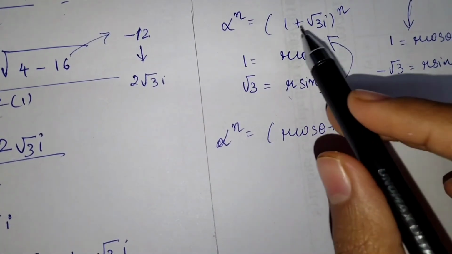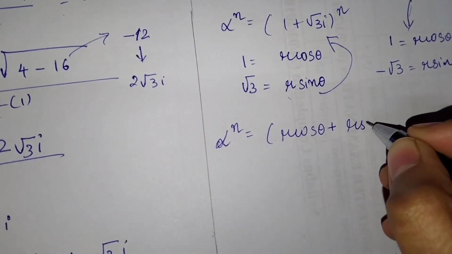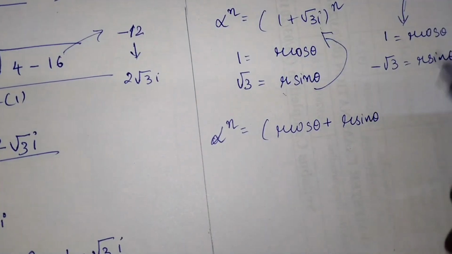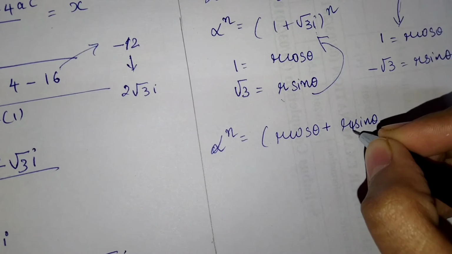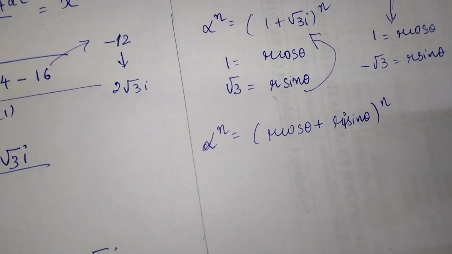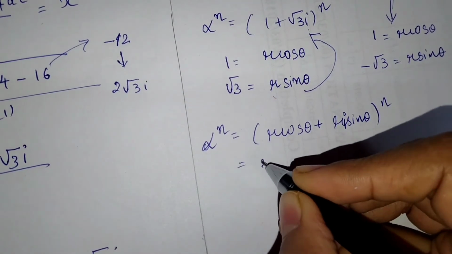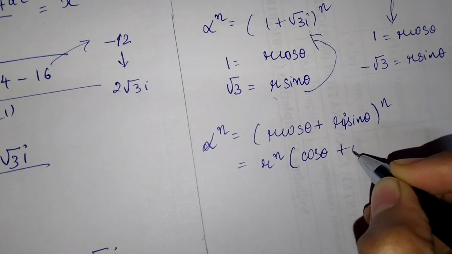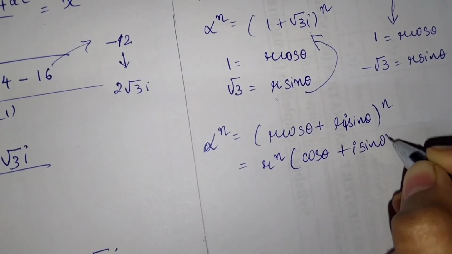Or under root 3 is r sin theta, so r sin theta. But this i will remain as it is, so here we can write i also. Okay? Raised to n. So we can rewrite this equation as r raised to n, cos theta plus i sin theta, raised to n.